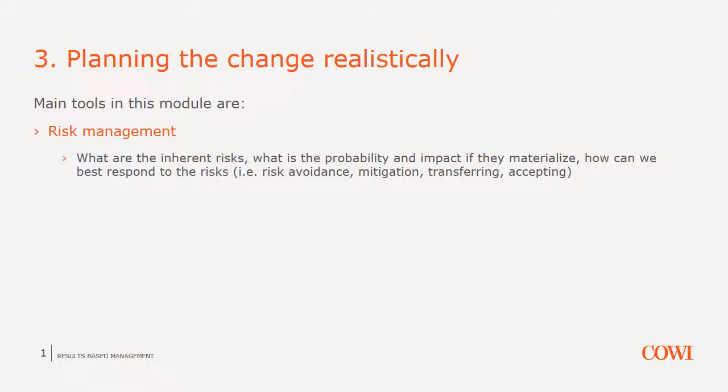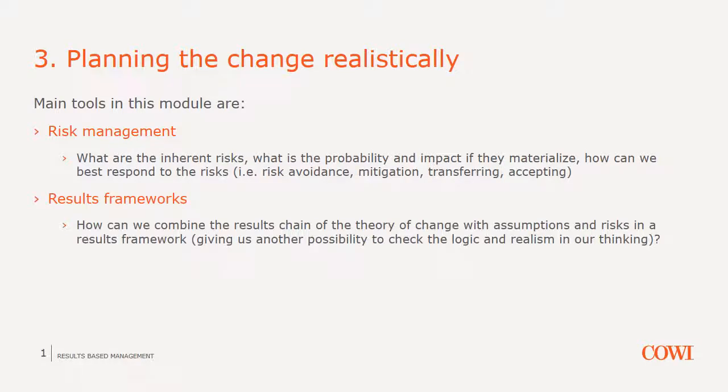When assumptions are checked and risks are identified and mitigated, then we can finalize a robust plan in the form of a results framework to summarize the intervention logic, the assumptions and the risks, as well as the indicators and means of verification that will be further developed in Module 4.